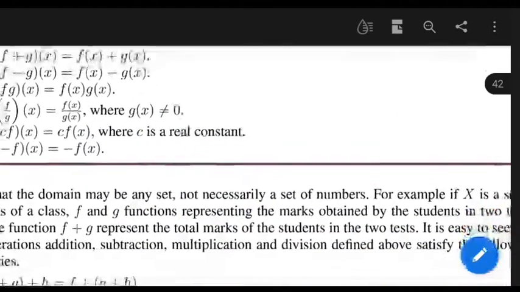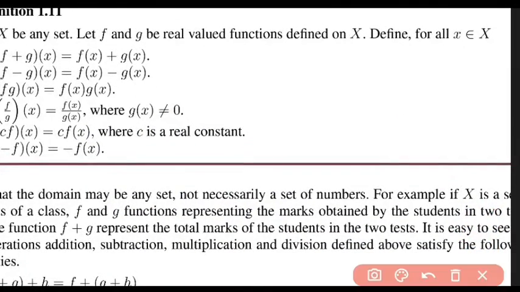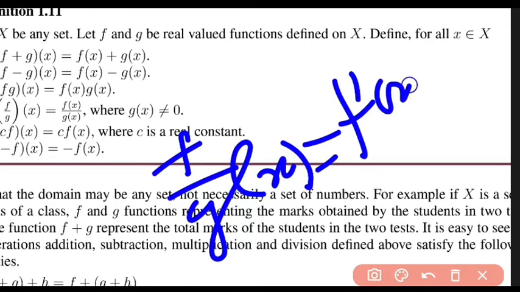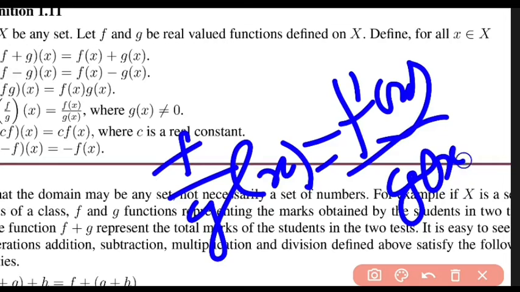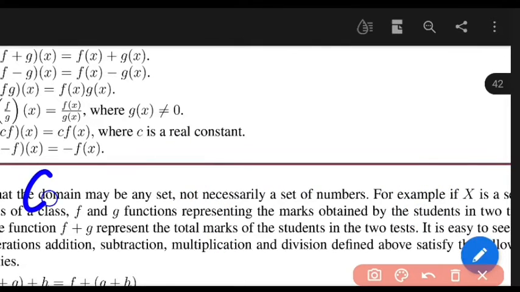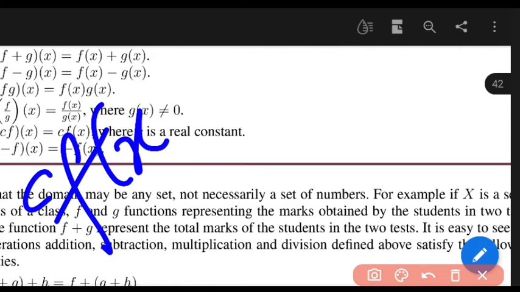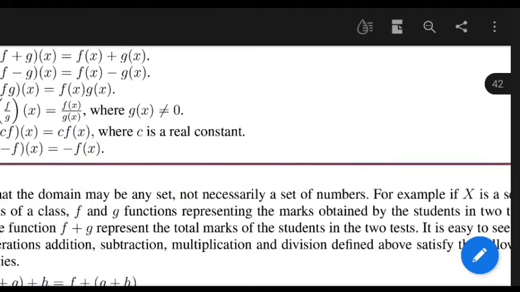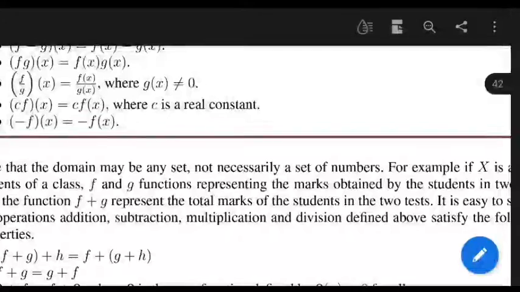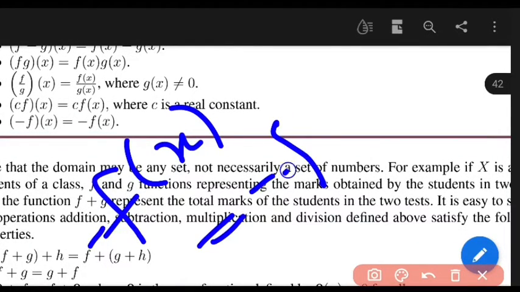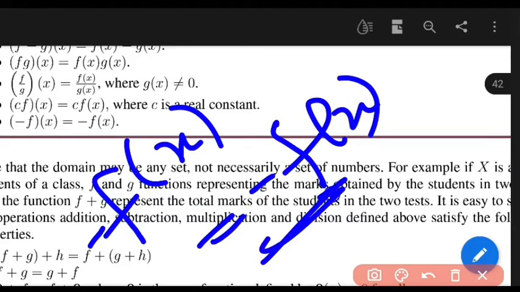Next, (f by g)(x) equals f(x) by g(x). Next, here we keep c as a constant, (c f)(x) equals c into f(x). Last one, (minus f)(x) equals minus of f(x).